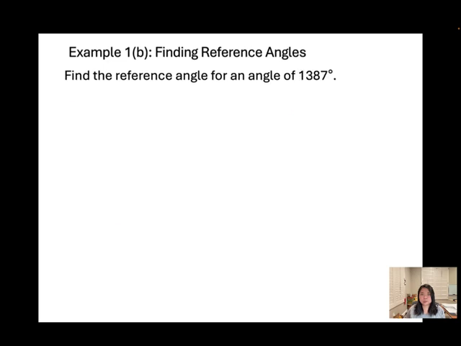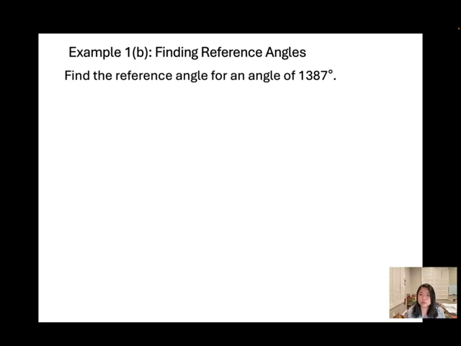B. Find the reference angle for an angle of 1387. You can see this theta is greater than 360, so we want to find the coterminal angle.